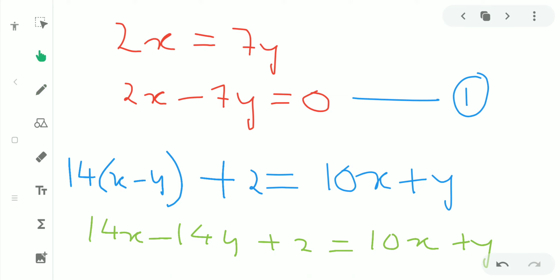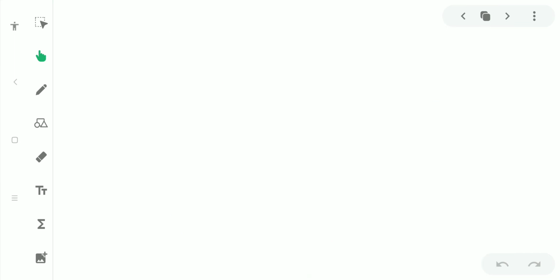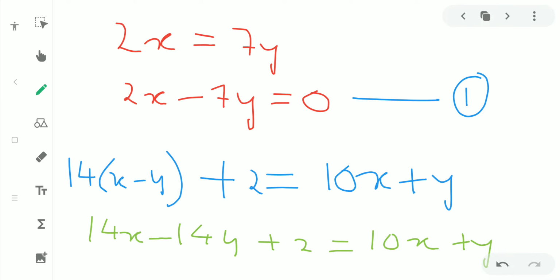When I transpose 10x onto LHS, it will become 14x minus 10x, nothing but 4x. So 4x, and when I transpose y also to LHS, it will become minus 14 minus y, that is nothing but minus 15y.